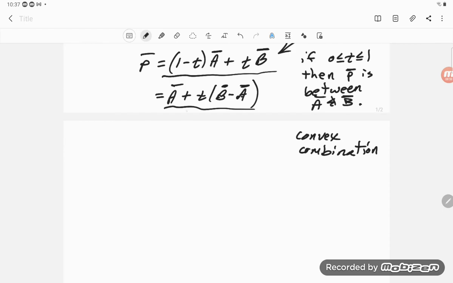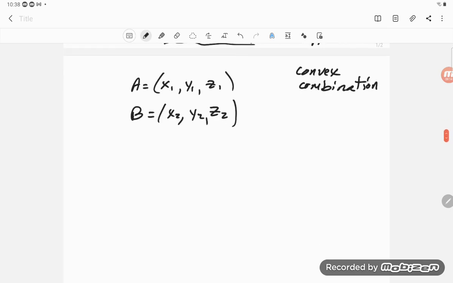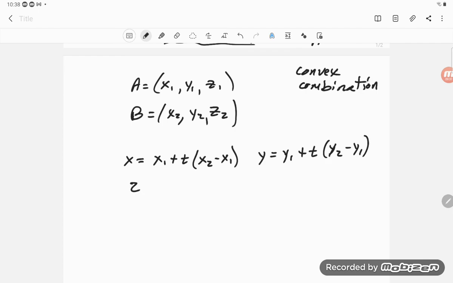If A is the point x1, y1, z1, and B is the point x2, y2, z2, then instead of vector notation, you could write x is x1 plus t times x2 minus x1, and y is equal to y1 plus t times y2 minus y1, and z is equal to z1 plus t times z2 minus z1.